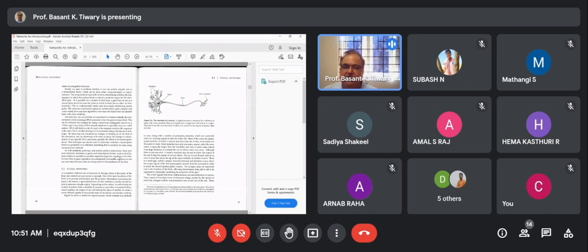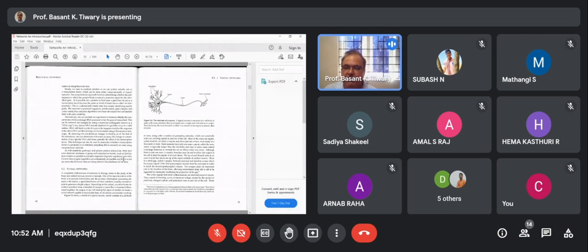Now there is another type of network known as the neural network, where you know that our body, the brain and central nervous system, plays a very important role. The main function of the brain is to process information. This primary information processing is performed in the neuron, which combines several inputs to generate a single output.